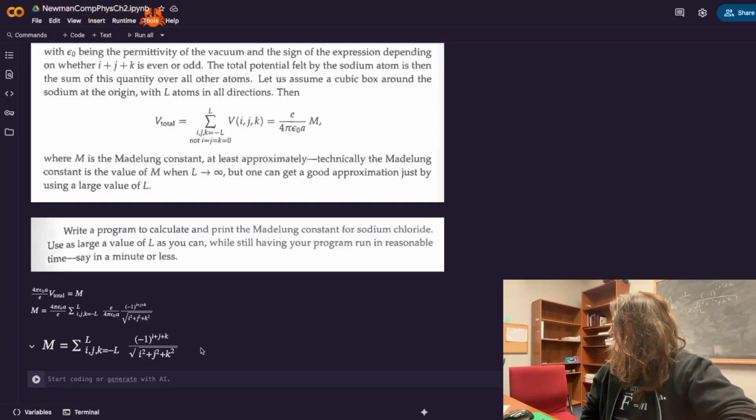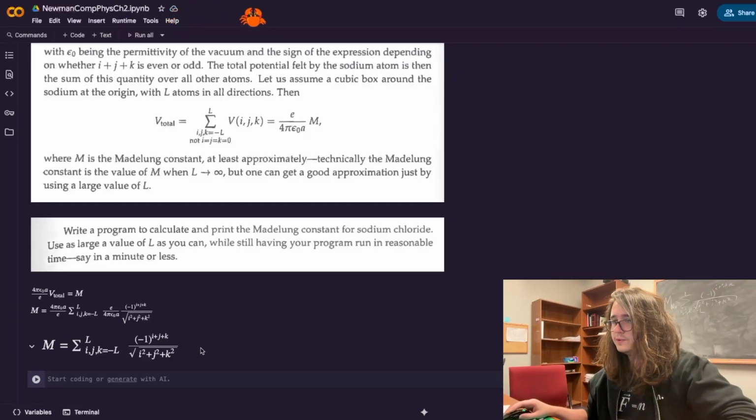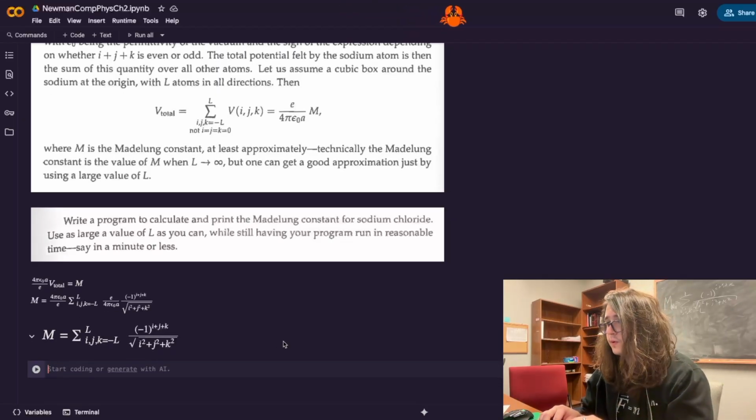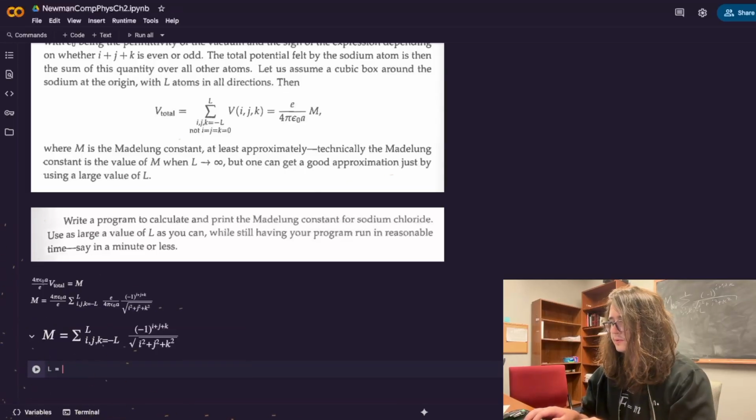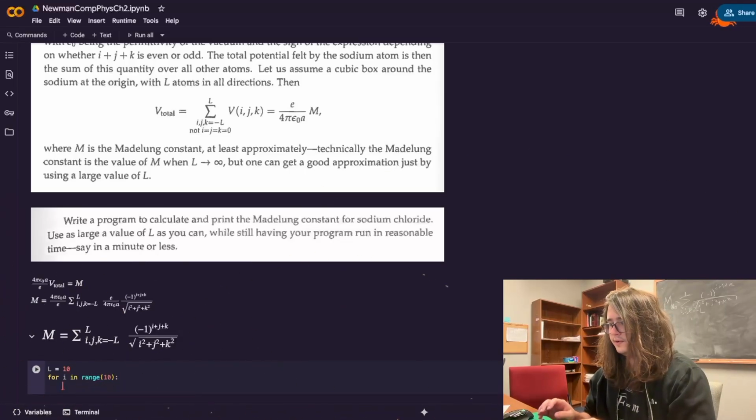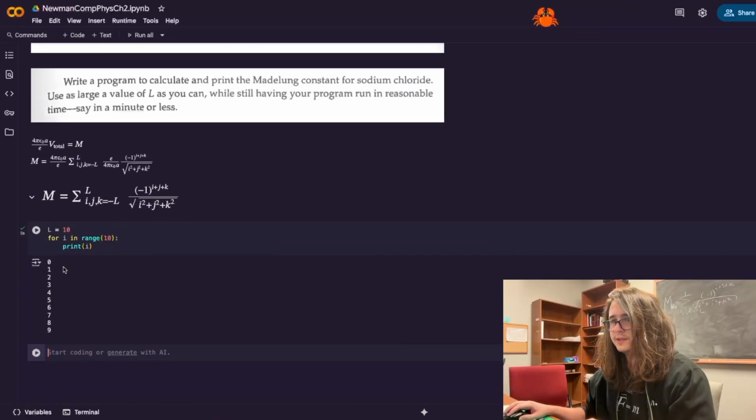Since this is in the for loop section of the book, I assumed that he wanted us to do this with for loops. For that solution, I had to get a little bit creative, because if you start with an L equals 10 and just try to do your regular for loop for i in range 10, notice that it only prints out positive values and only prints out 0 to 9.